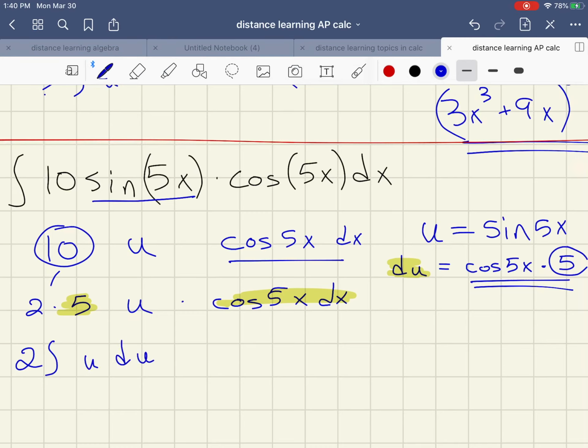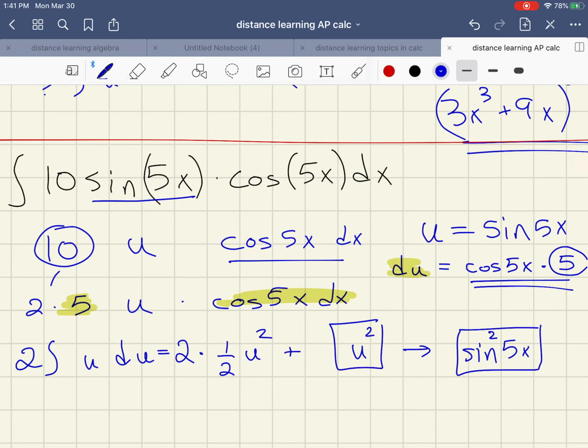I'm going to integrate. I'm going to have 2 times 1/2 u squared. So I just get u squared. U was sine of 5x.